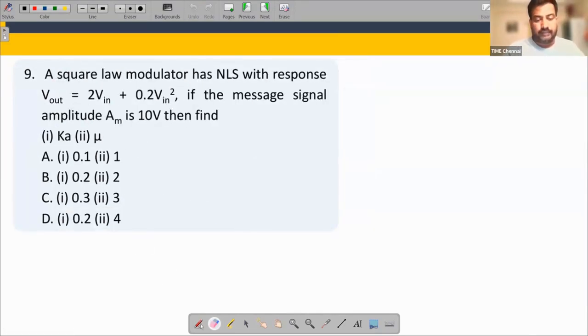A square law modulator has NLS with response V out is equal to 2 V in plus 0.2 V in square.